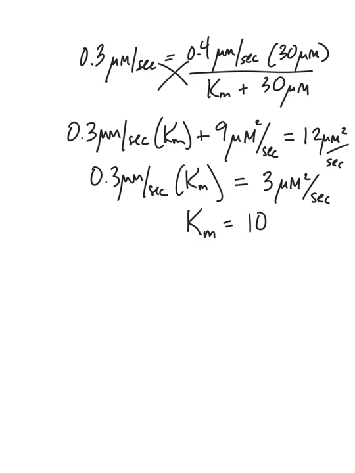And it's going to be 10 micromolar because the other units cancel out. And that is our answer. I'm going to check with the solutions manual, and that's what they got too. Their method was just a little bit different, but this works just as fine as well.